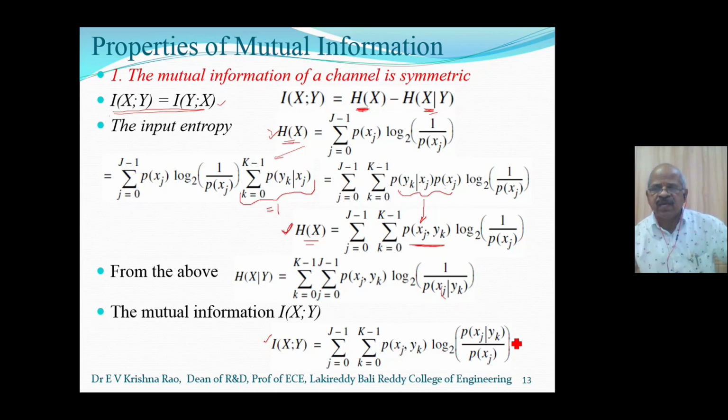So this is p(x at yk) divided by p(x). The mutual information is finally defined as I(x,y) like this. Knowing the joint probability, the conditional probability and the input probabilities, the mutual information can be estimated.